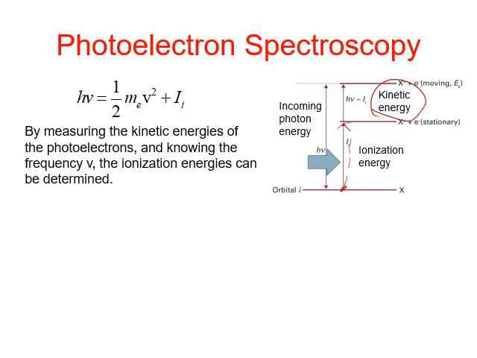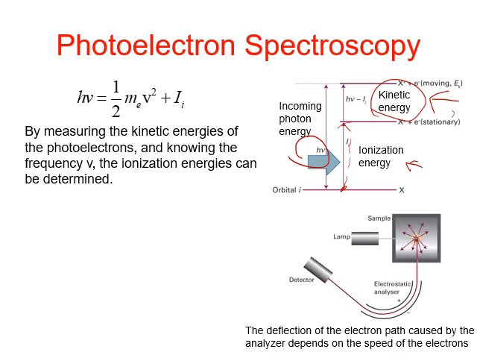If we know the energy of the incoming light, that is hv, and if we can also measure the kinetic energy of the electron coming out, then we can calculate the ionization energy of the electrons.